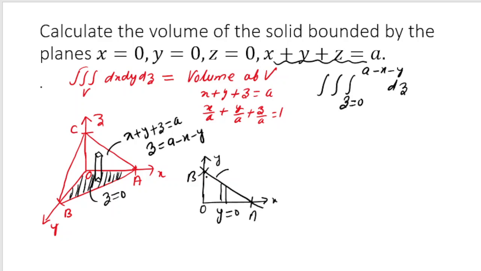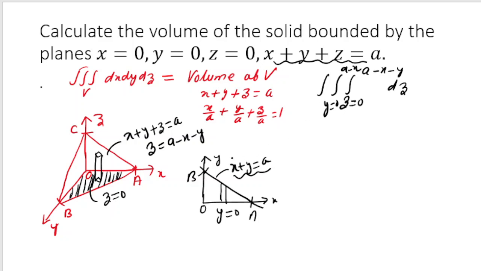And now if I look at this line, its equation will be x plus y is equal to a, right? Because z is 0. So now in 2 dimensions, if I look at the projection of this plane in the xy plane, it is the line AB whose equation will be x plus y is equal to a. So the limit of y will be varying from 0 to y is equal to a minus x.